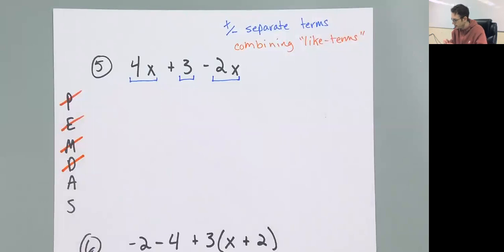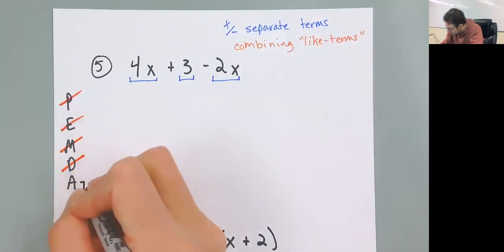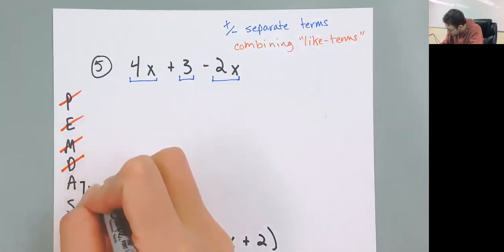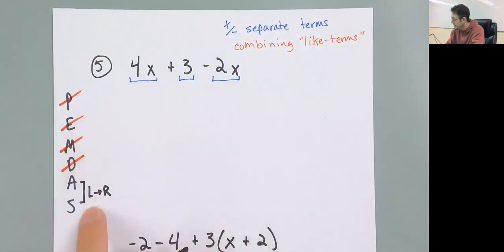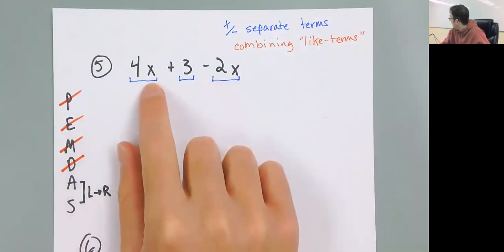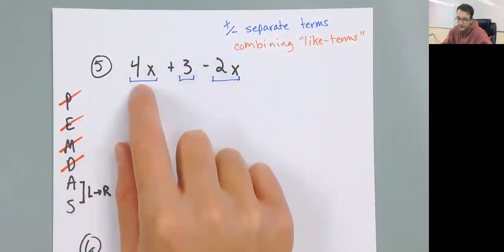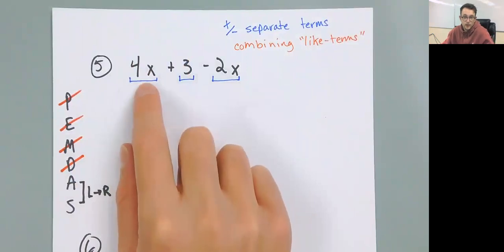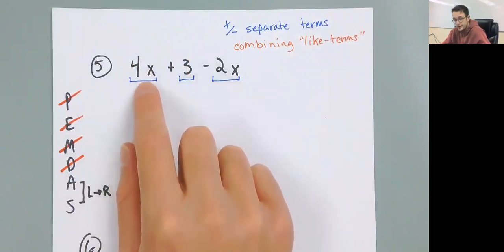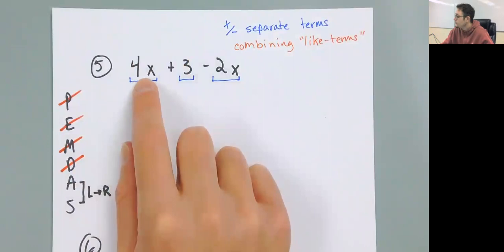Okay, so we're going to do these from left to right. Really important, left to right. All right, so let's do, well, actually, can I combine 4x? Can I add 3 to 4x? I hope you are in your head saying, no, Mr. Walters, you cannot do that.